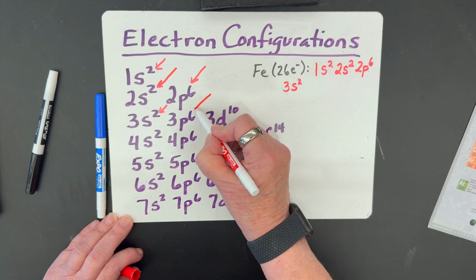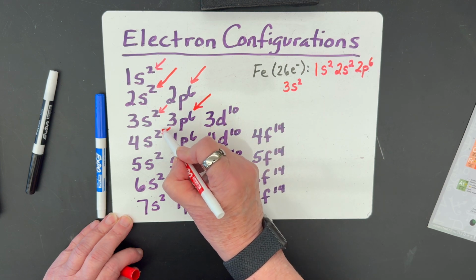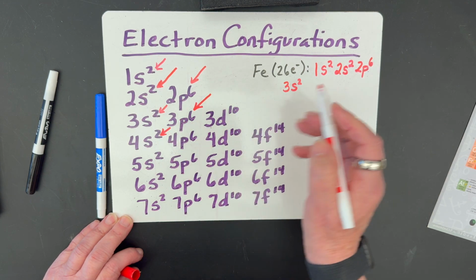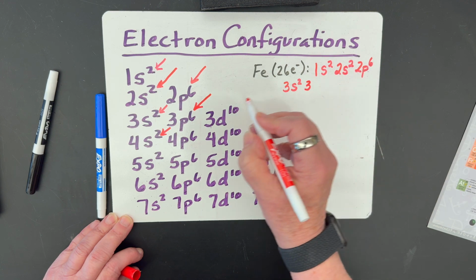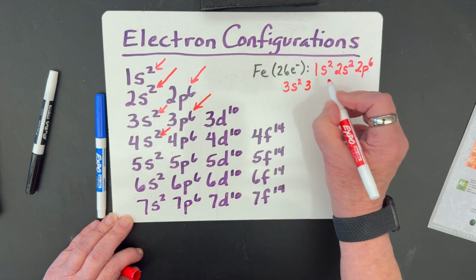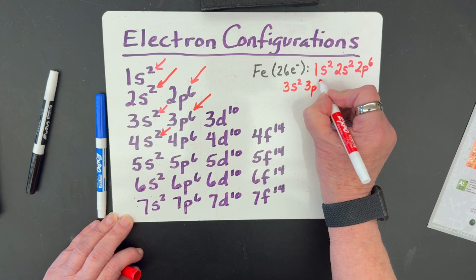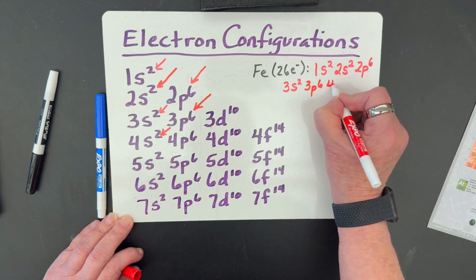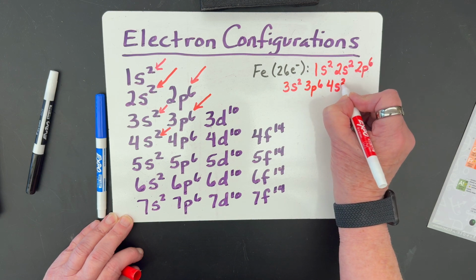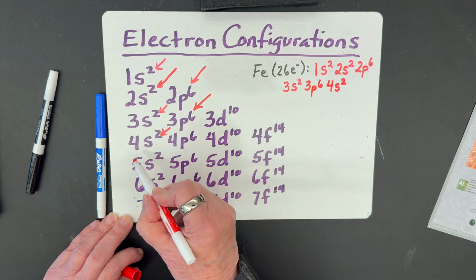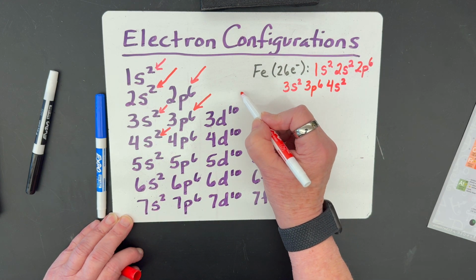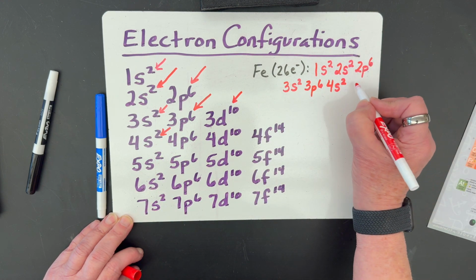Going to the next diagonal, 3s has been filled, so we're going into the 3p. It can hold up to 6. Then we go to the 4s. It can hold up to 2. And next we're going to go to the 3d.